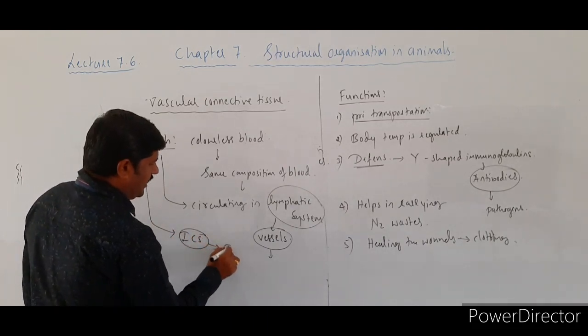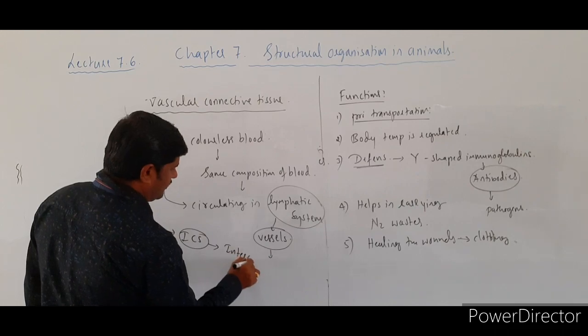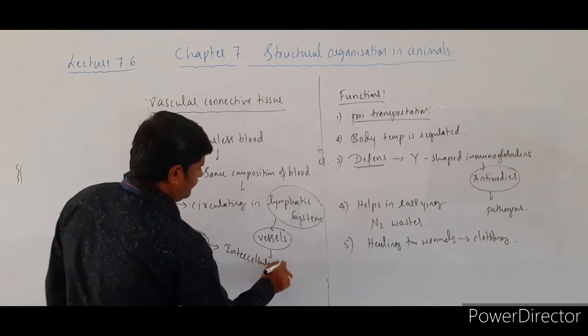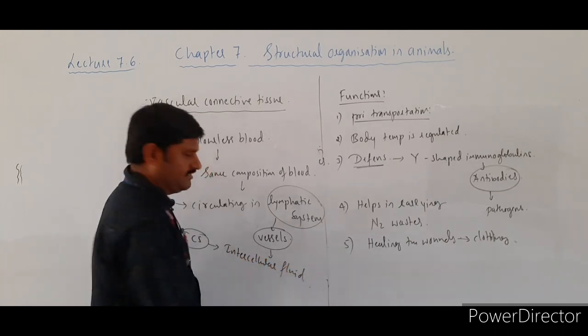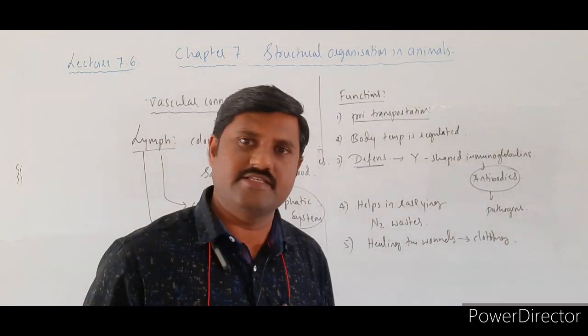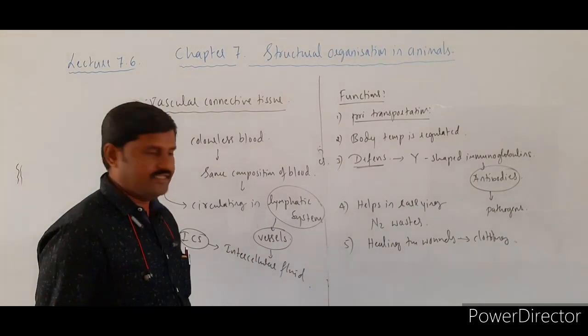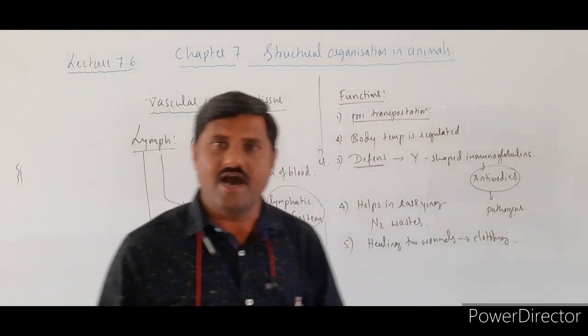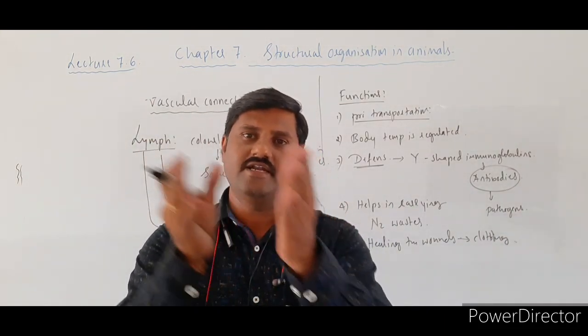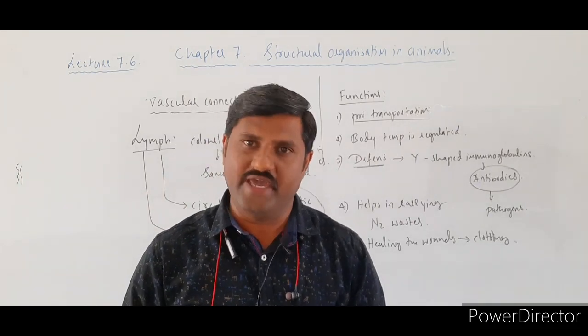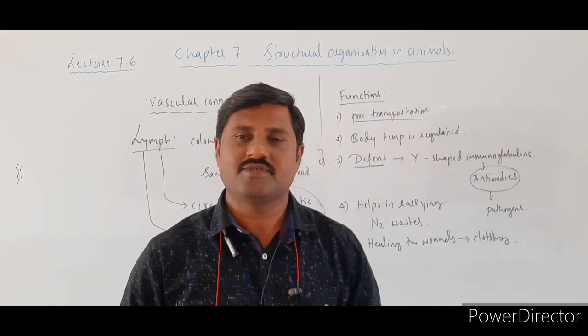So it is also called intercellular fluid. It flows through vessels, and these lymph vessels unite together and join the blood veins once again.